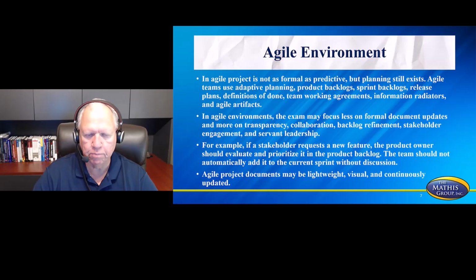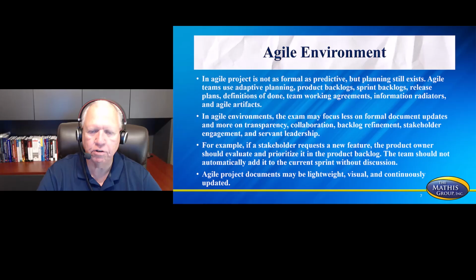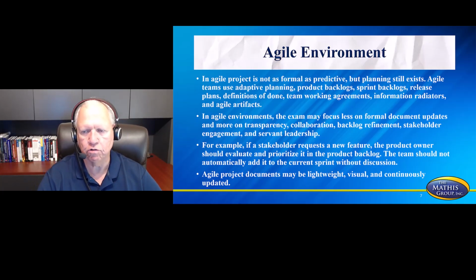All of those are some of the components that are more loose and open-ended for agile. For an example, if a stakeholder requests a new feature, the product owner should evaluate and prioritize it into the product backlog. The team should not automatically add it to the current sprint. That's a no-no. And also, agile project documents may be lightweight, visual, and continuously updated because once again, you don't have a strong change control process in an agile environment.